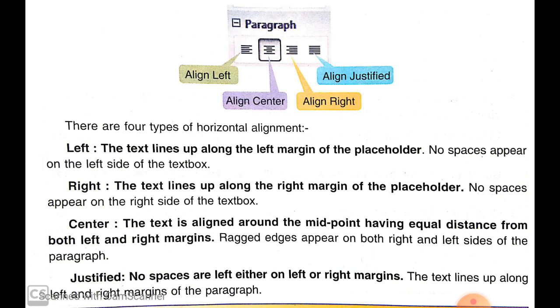Justified: no spaces are left on either the left or right margin. The text lines up along the left and right margins of the paragraph. By applying the alignment, we can make our text attractive.